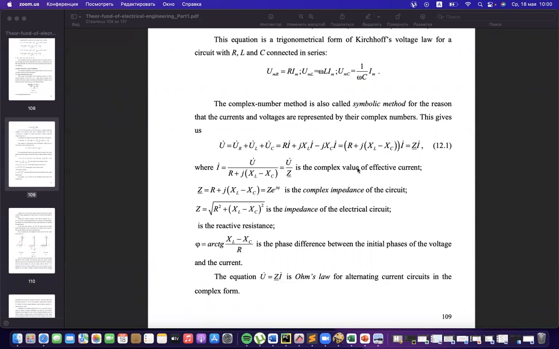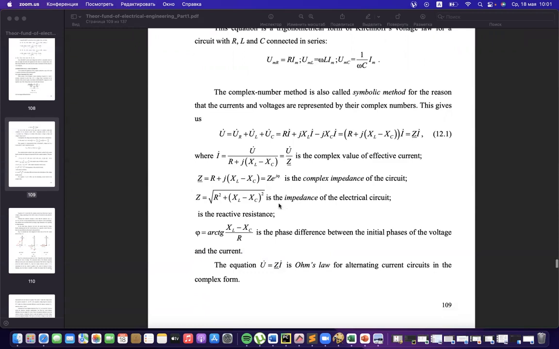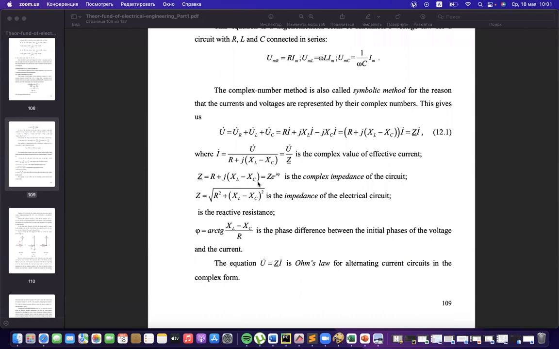We name the total resistivity the complex impedance. And it will be a vector with some length and some angle. And this angle is determined only by the resistivity of your elements.